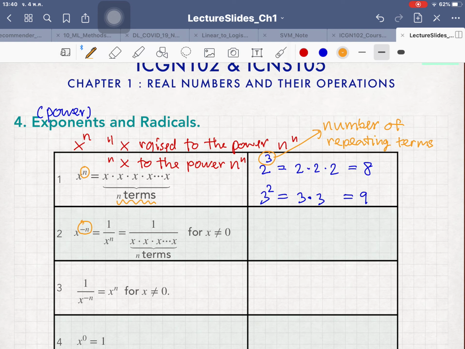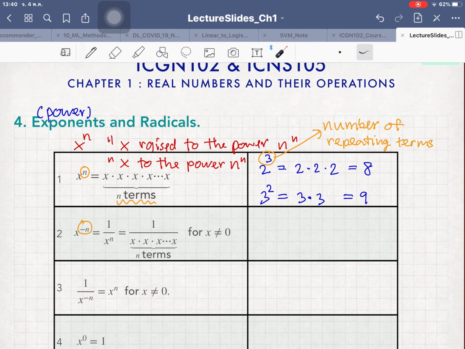You just flip upside down the term x to the power n. So you're going to get 1 over x to the power n. And for x to the power n, you're going to have 1, 2, 3, on and on until n terms of x.